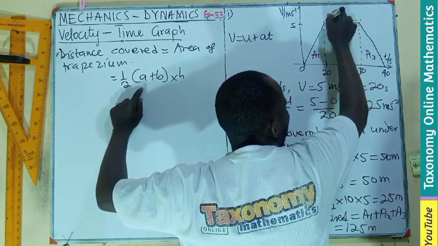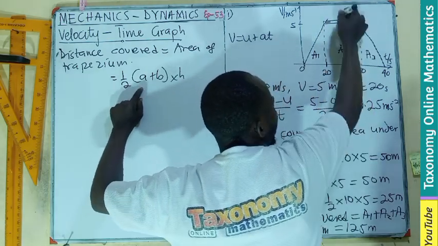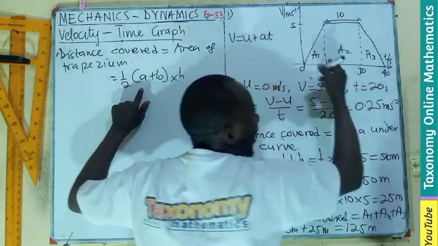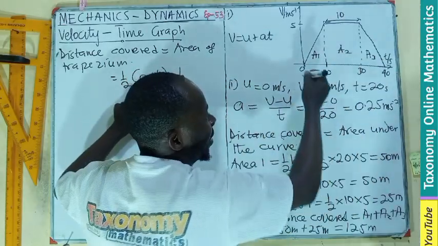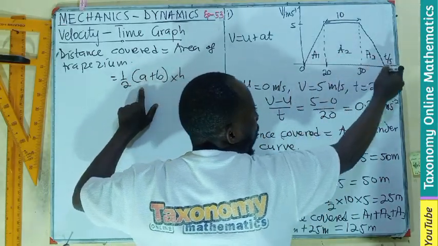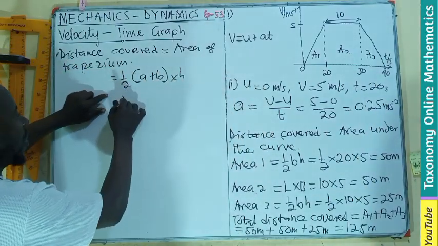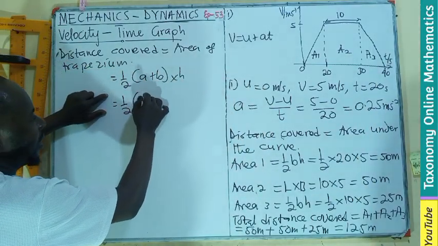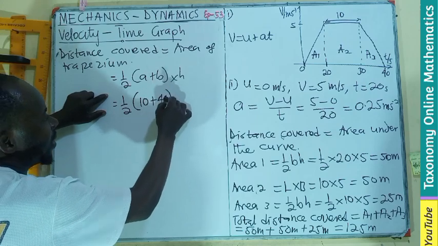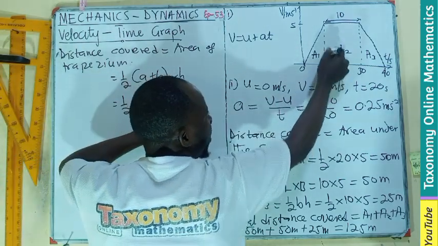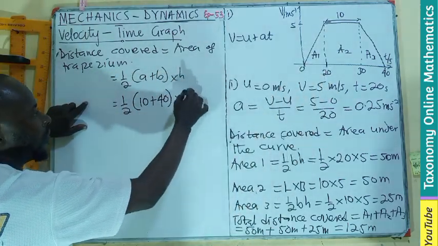A is just from here to here, the distance, which is going to be 10. Then in terms of b, from here, 0, all the way to this place is going to be what? 40. So I'm going to have half times (10 plus 40) times the height. From here to that place will be 5.